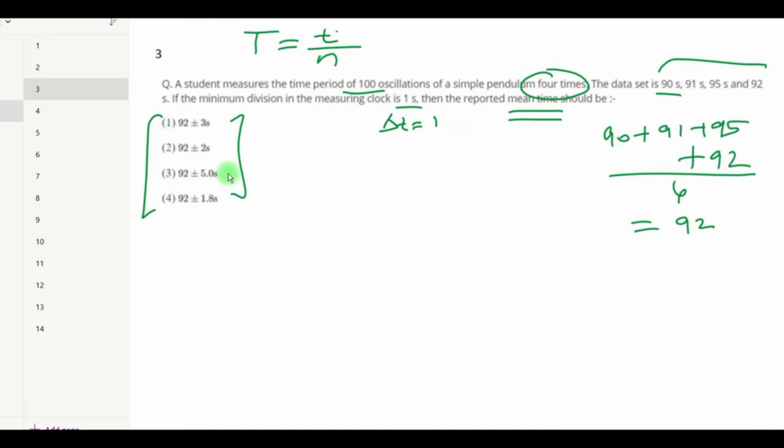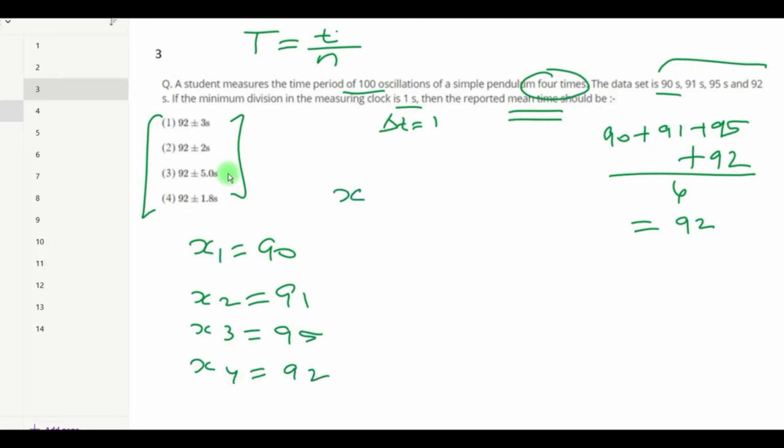Now we have to incorporate the uncertainty as well. So consider the 4 values. Let's say x1 is 90 seconds, the first value of time, x2 is 91, x3 is 95 and x4 is 92, and the average value of this is 92, which we just found out. Now to find out the absolute value of the error, let's say delta x, which we need to find out, we will find the individual errors for each value.